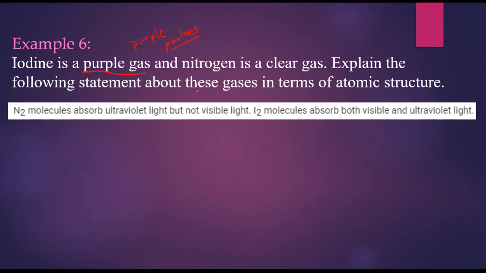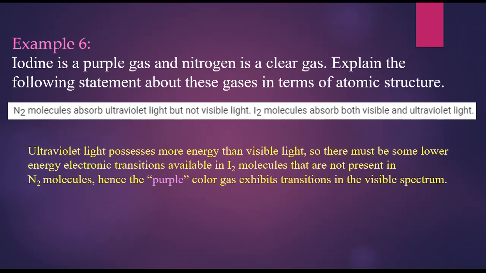So basically what I would say here is that the iodine shows the purple because of the visible spectrum that it's absorbing. So it's obviously absorbing enough energy that would give off purple photons that we would see in the purple gas. And then, of course, the nitrogen, which only absorbs ultraviolet, is going to be out of our spectrum of viewing, so we wouldn't be able to see that one, but it would absorb the ultraviolet light.